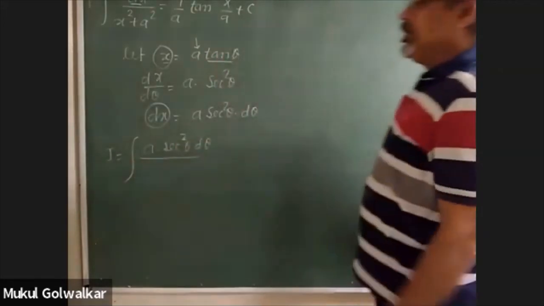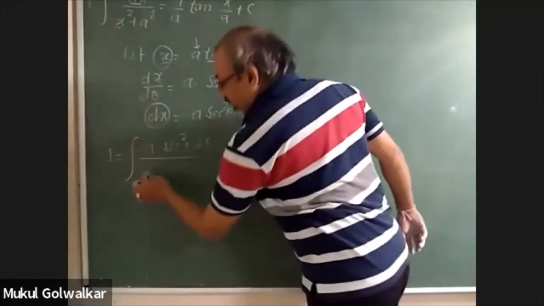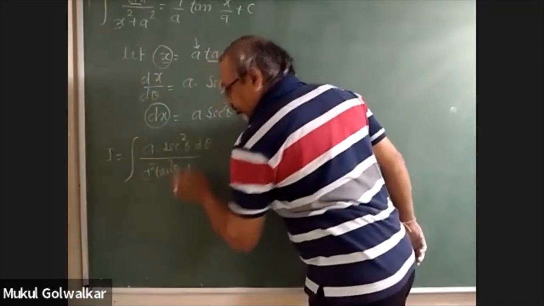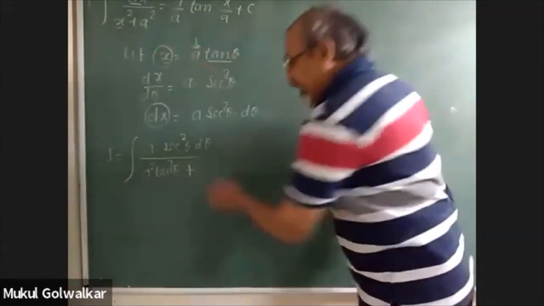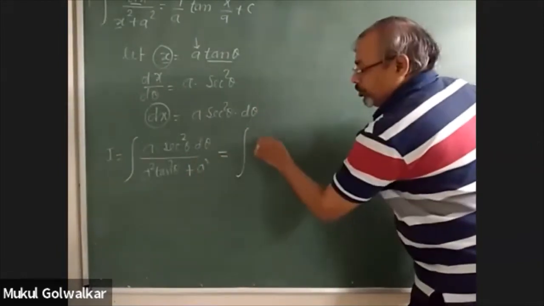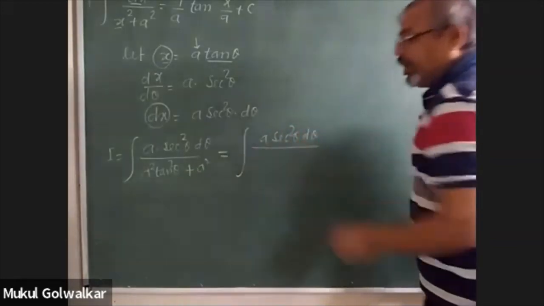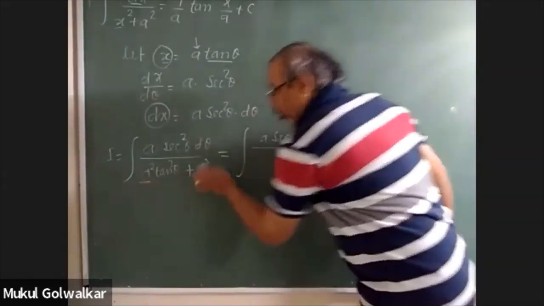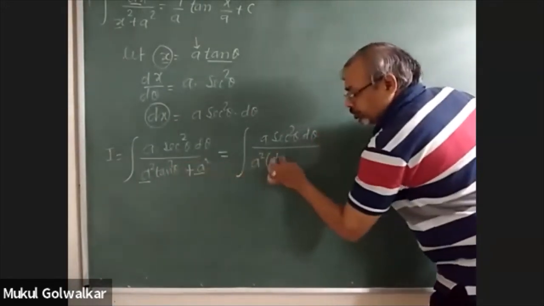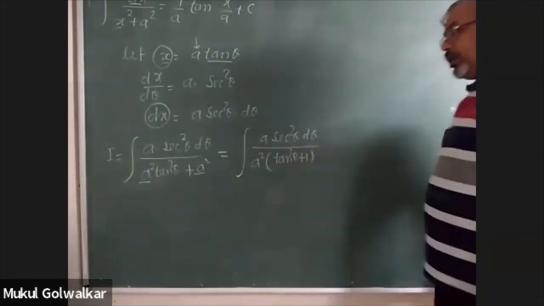Divided by x square, so I can write a square tan square theta plus a square. This is equal to a into sec square theta d theta divided by, if you take out a square common from the denominator, tan square theta plus 1.